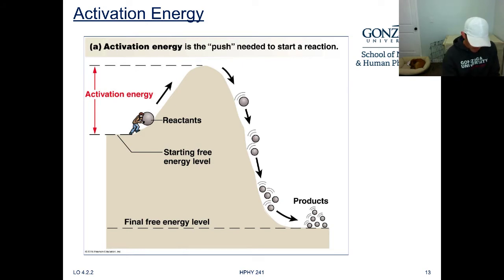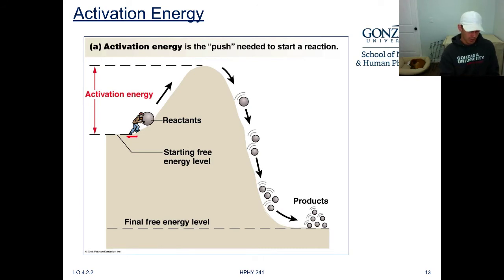So this is probably very abstract to you, so let's just look at this in a hill example. We've got the starting point. We've got an individual right here at the bottom of the hill. He needs to get this boulder over the hill so it can roll down, and as it's rolling down, it's going to be broken up into smaller pieces. So this is the reactant, and the products are what's going to be left at the end of this rolling down the hill, aka this reaction.